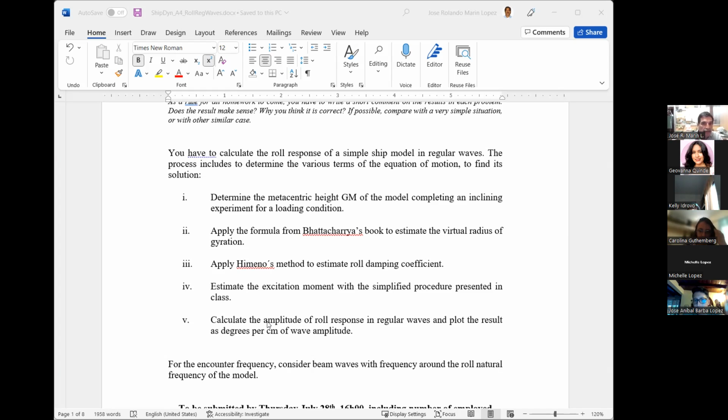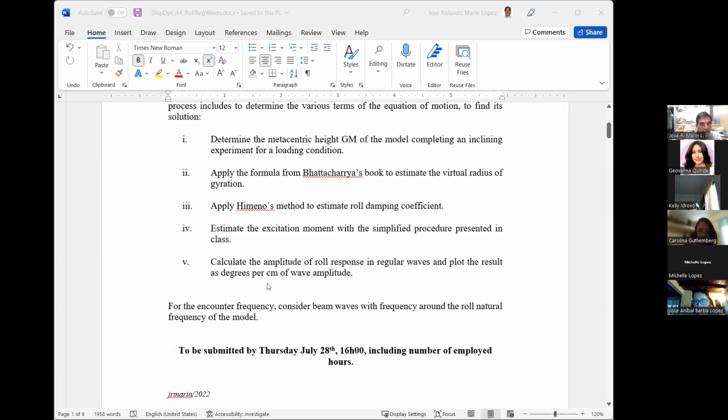Now, for the encounter frequency, what I suggest is that since you are going to be receiving waves from the beam, once you have all these parameters, it's easy to change the excitation frequency.